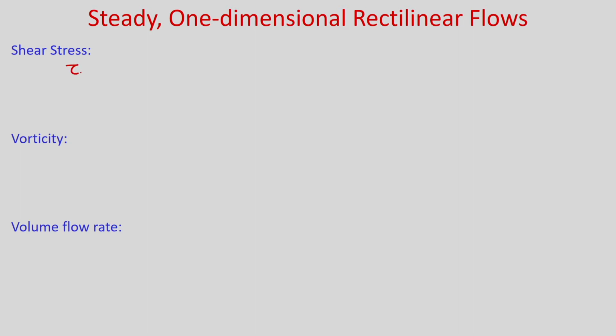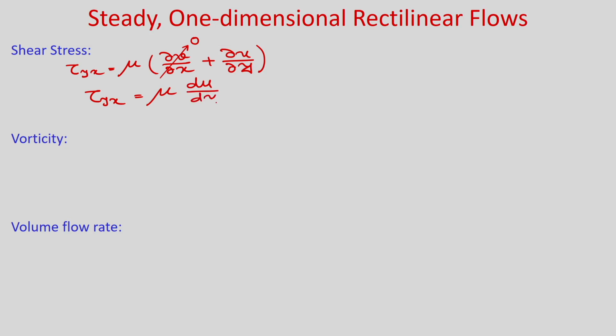So, we have shear stress component tau yx as mu times del v by del x plus del u by del y. In this particular case v is 0. So, tau yx will be mu du by dy, because u is function of y only.